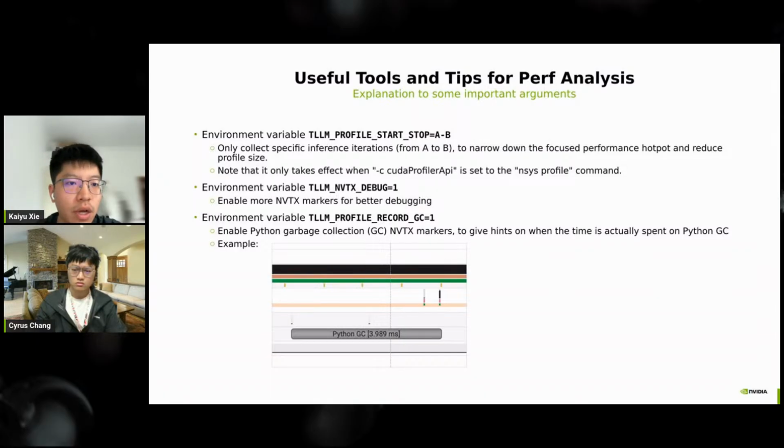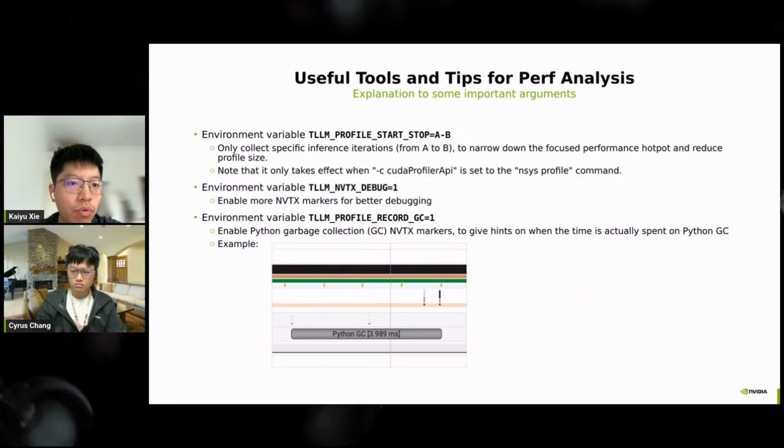The second environment variable is TLLM_NVTX_DEBUG, which enables more NVTX markers for better debugging. We have prepared many NVTX markers in the system at different locations, and if you enable this environment variable, those markers will be visible.